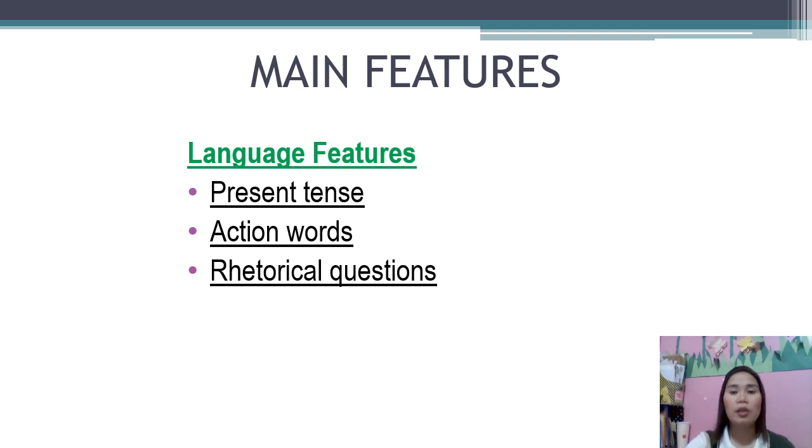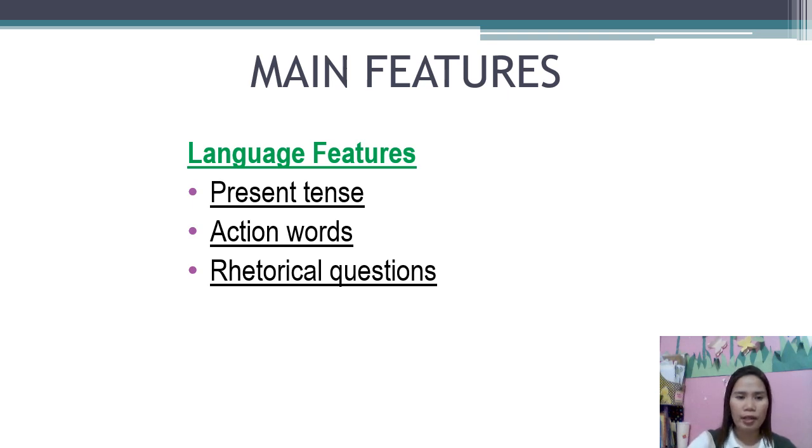So that is the questions that are asked just for effect and answering the question is not expected. So that is rhetorical questions. Questions that don't require an answer. Like for example, how many more animals must suffer before something is done about this? So it is an example of rhetorical questions and it doesn't need an answer.